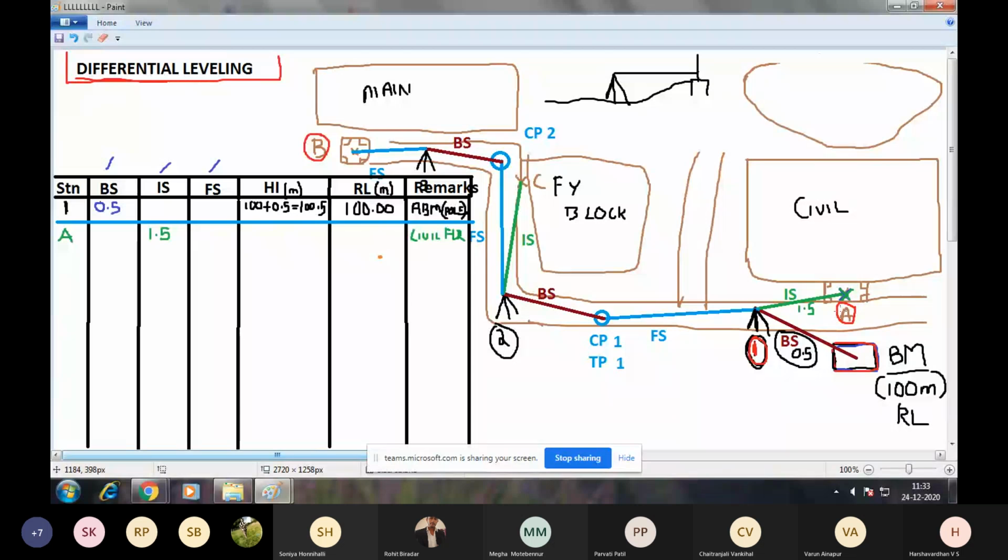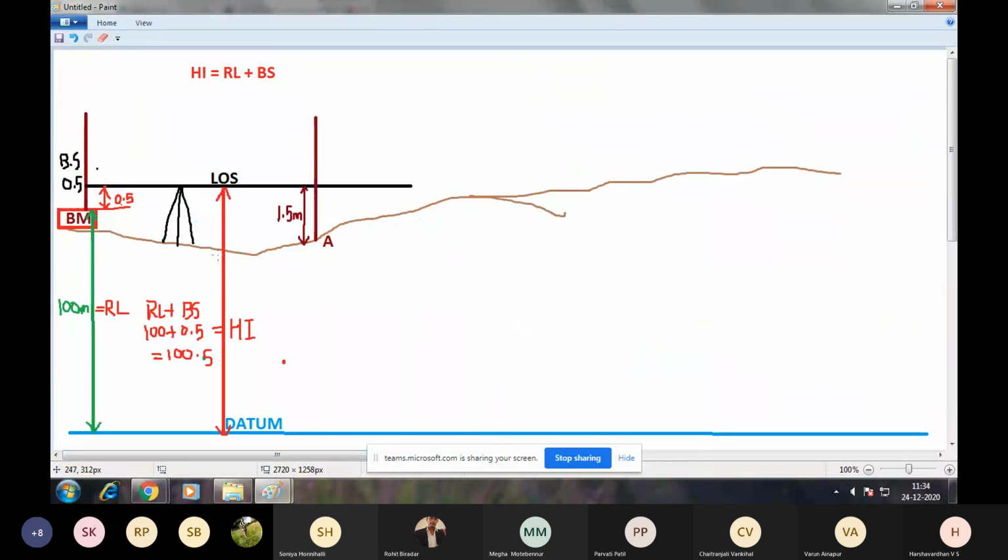The difference is that foresight is the last or final staff reading, and intermediate sight is an intermediate staff reading. This reading on point A is not my final reading, so I'll write this staff reading as intermediate sight, 1.5.